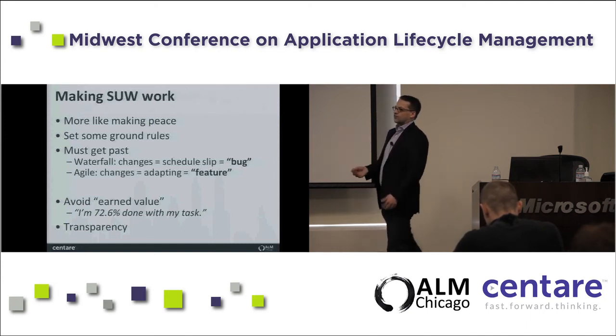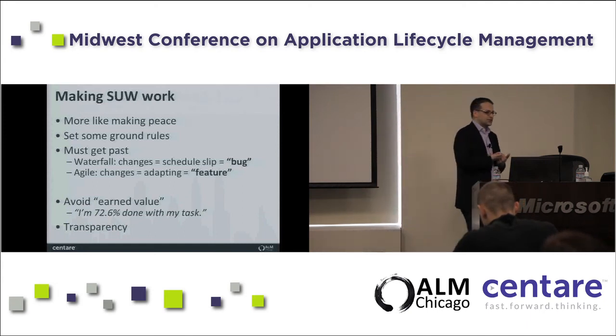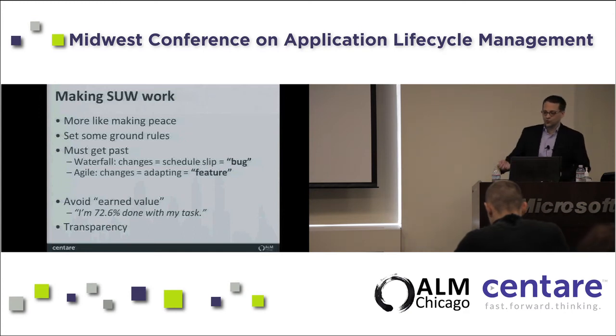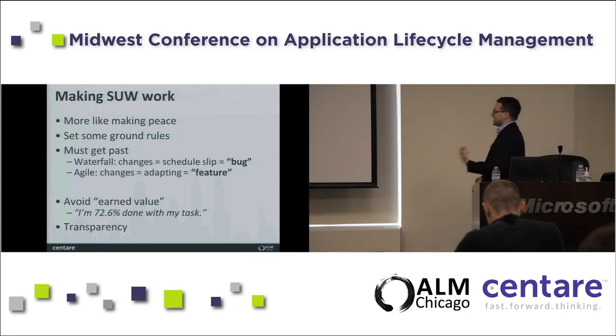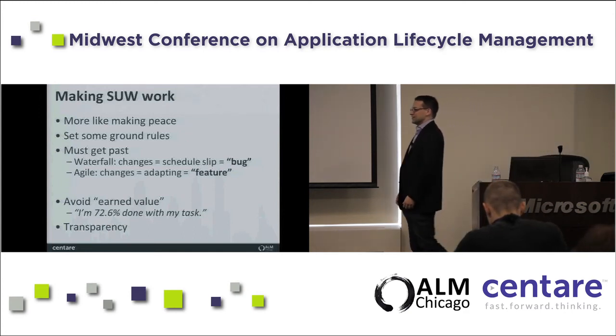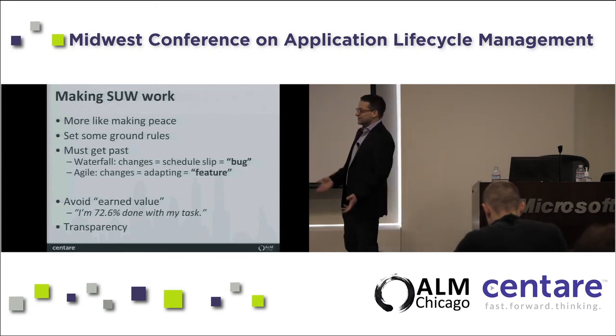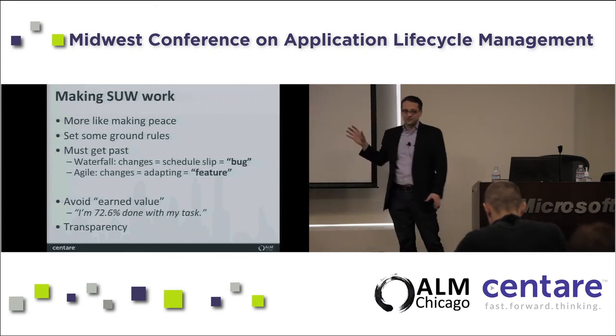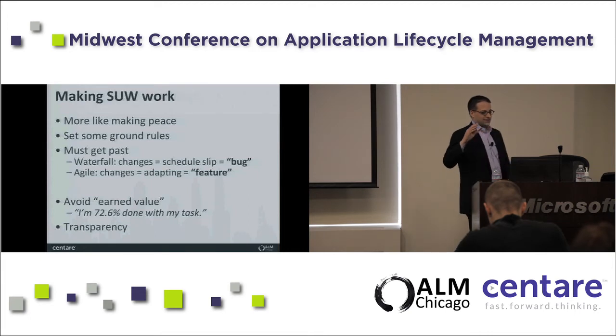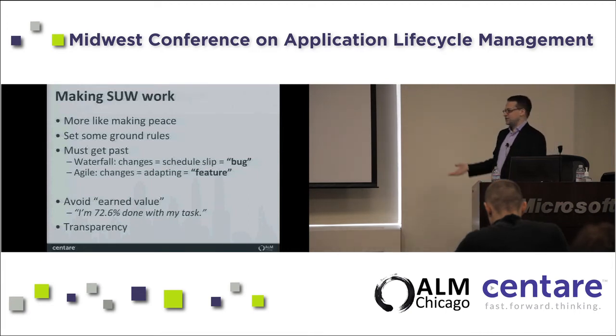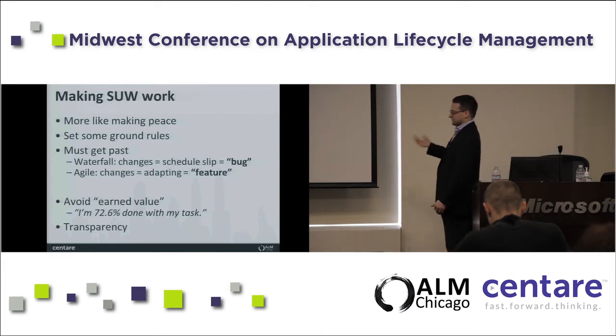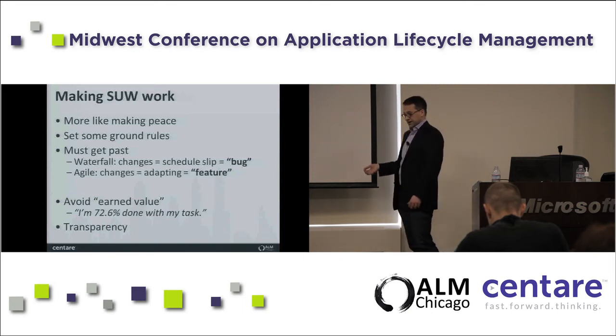But in Scrum under Waterfall, because you've got that impedance mismatch between the two processes, you're going to have it even more. So if you're going to make it work, you have to get past a few things. One of the things that's going to be really important is to at least acknowledge the fact that change in Agile is a feature where Waterfall thinks of schedule slips as bugs.